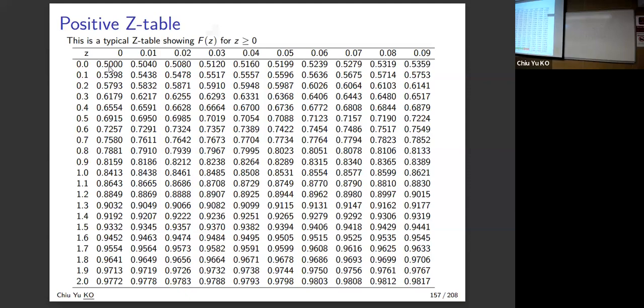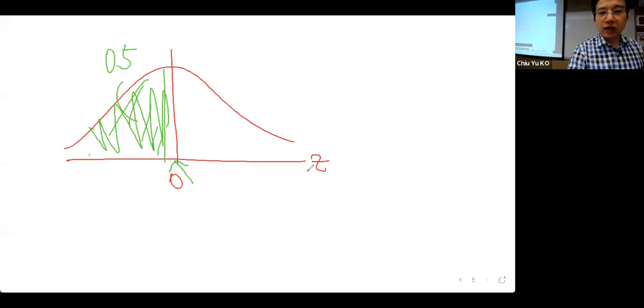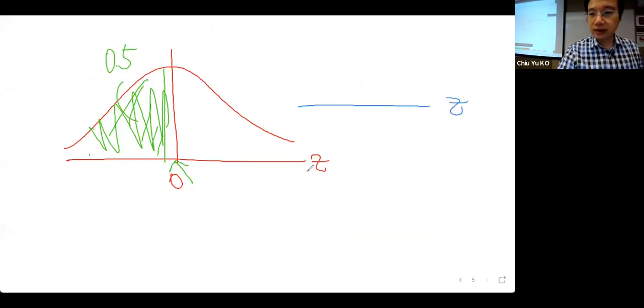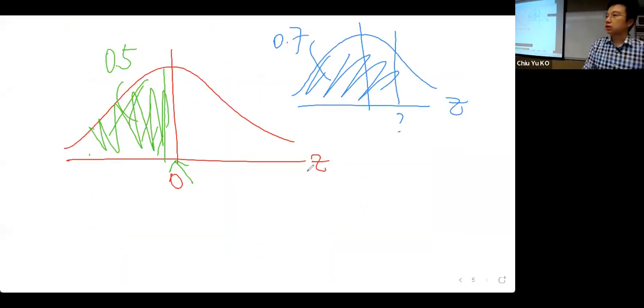Or, another example, to make it a little bit non-trivial: suppose, in another color, again it's Z, I don't know which number, but I want this area to be 0.7. So the question is, I want the area on the left to be 0.7. And I know Z must be positive, because the middle is 0.5.